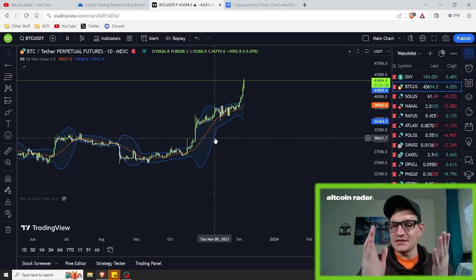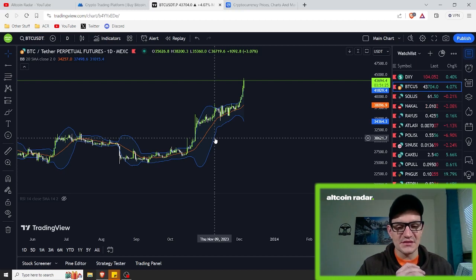Realistically, this is a pretty versatile indicator with quite a few use cases. They can be used for volatility analysis, identifying swing highs and swing lows, the famous Bollinger Band squeeze, when the Bollinger Bands get narrow before a big move, and you can also use them for confirmation as well, all right?